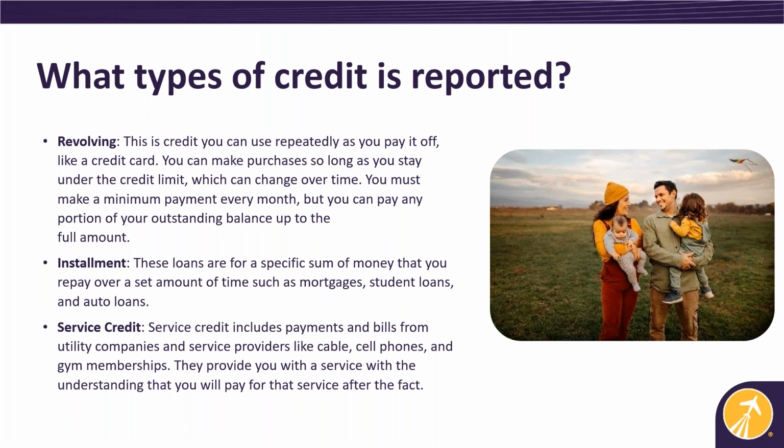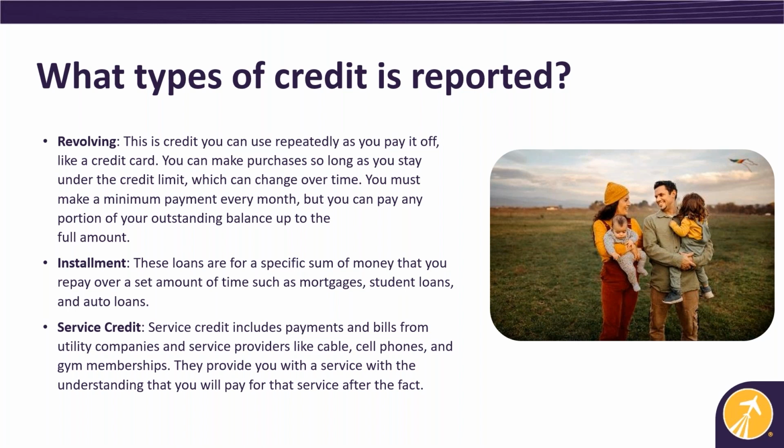This functions a little bit differently. Installment, revolving, those are the ones we see most often because those are just those hard inquiry type loan decisions that are score based. Service lines of credit, we typically don't see that reported until it's probably an adverse account. So it's sold to a collection agency because of non-payment.